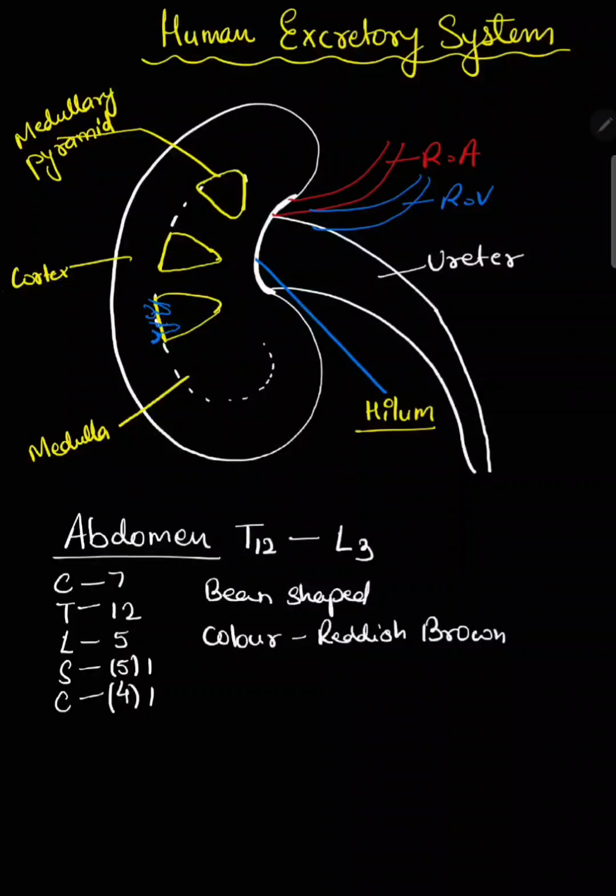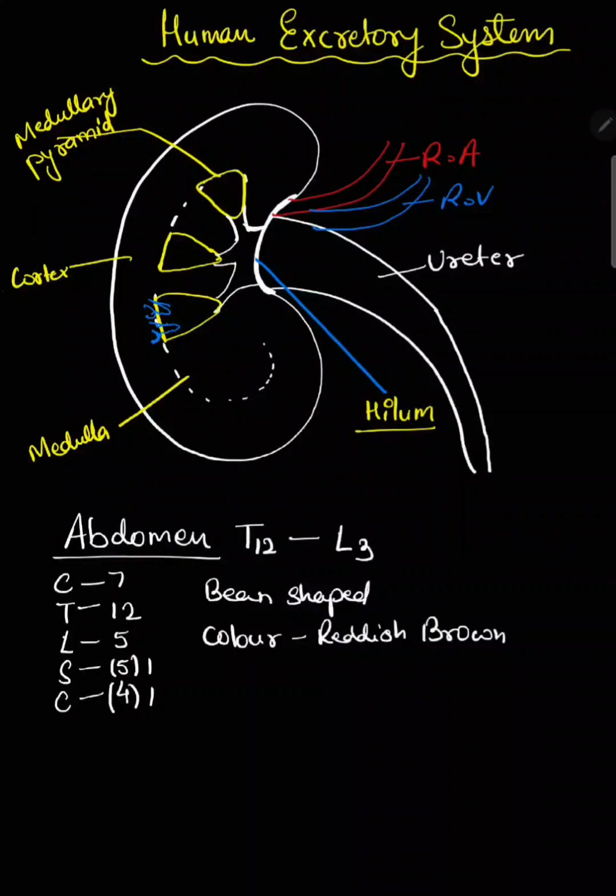Now these pyramids will drain their collected urine, because now the urine has been formed. They will combine like this and drain the urine into a common portion that will finally unite at the hilum, and then it will pass on to the ureter.